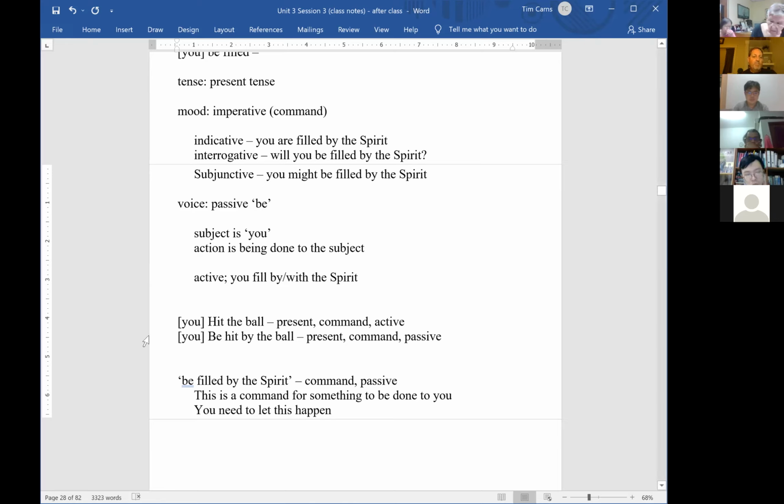So if I said be hit by the ball, what I'm telling you is put yourself in a position so that the ball hits you. I'm not telling you to hit the ball. That's the first command, which would be in the active voice. If I say hit the ball, then I'm telling you, okay, you go and you hit that ball. But if I say be hit by the ball, I'm telling you to put yourself in the place where the ball hits you.